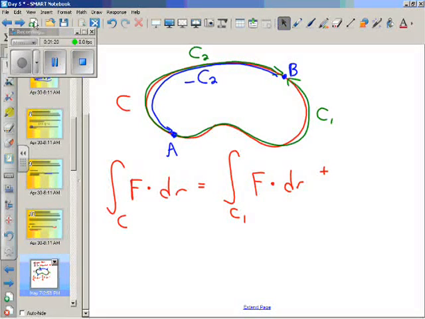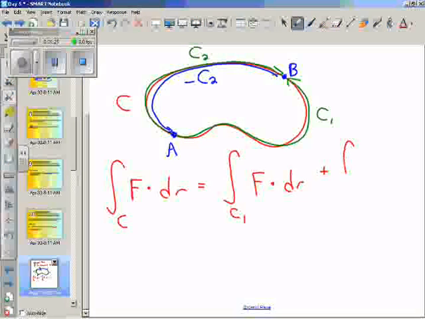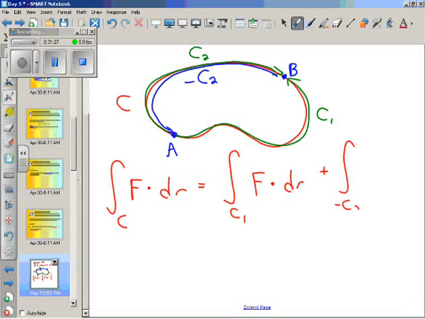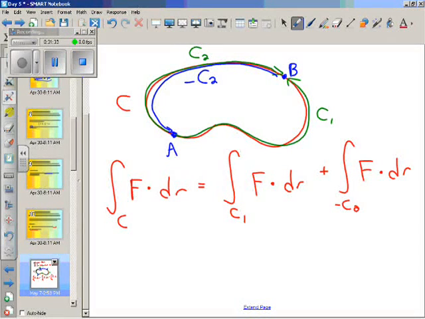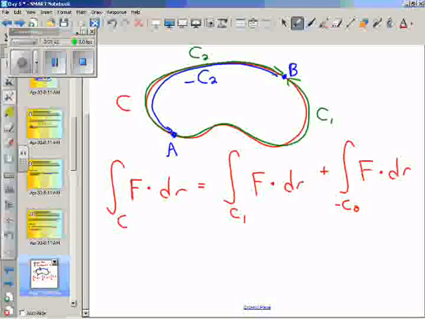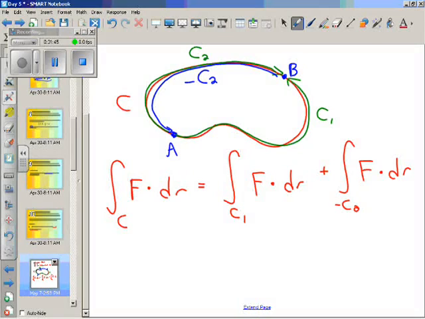So we would integrate along C1 of f, and then we would integrate in the negative direction of C2.